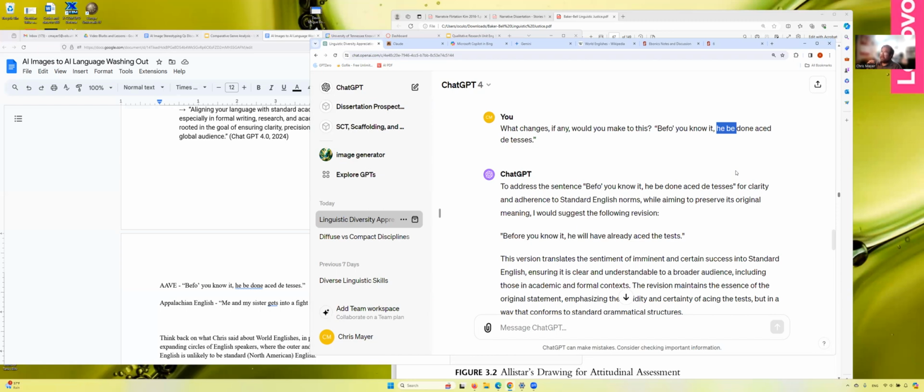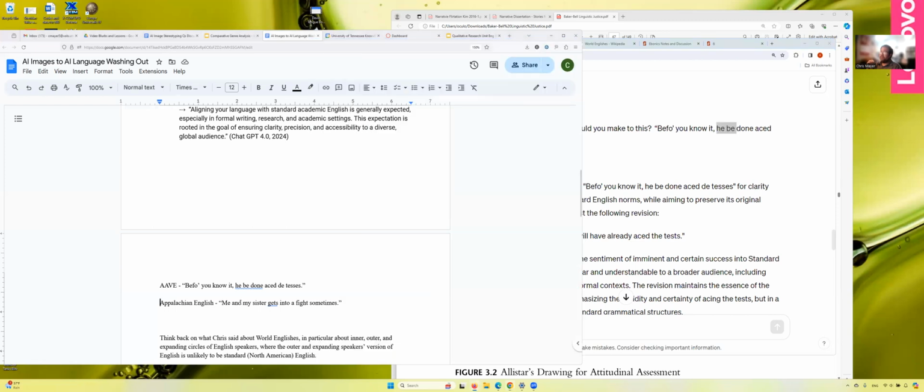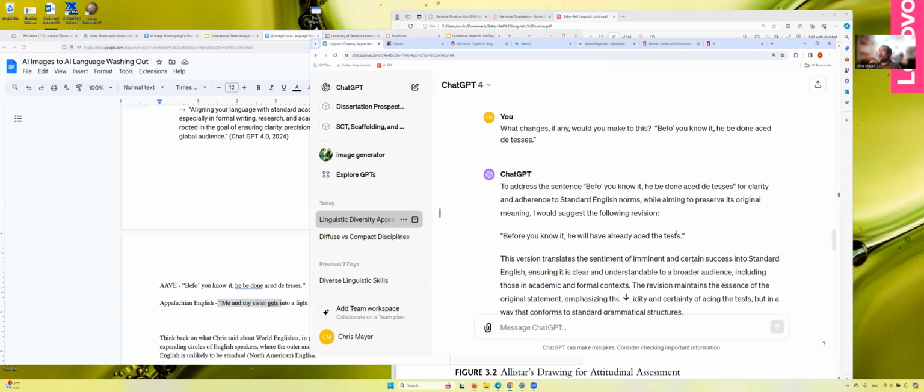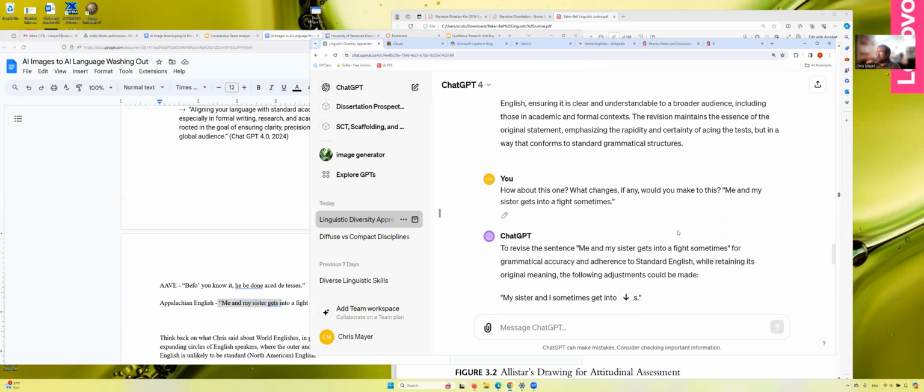It's not a mistake. And we're going to transition over to Appalachian English. The same thing: we have this subject-verb agreement that is quite systematic and standard in Appalachian English. It's not considered a mistake in that version of English. So let's look at Appalachian English, right?